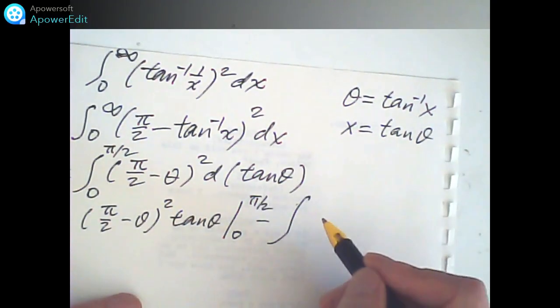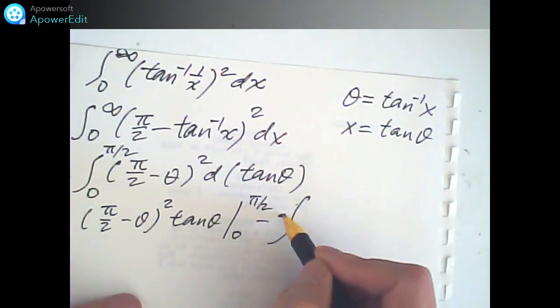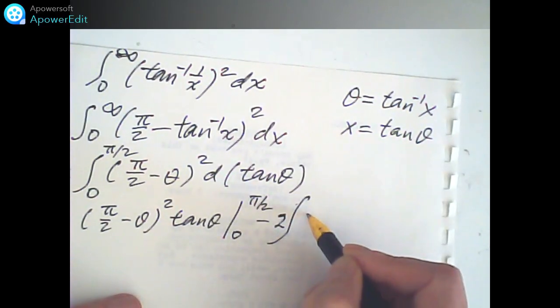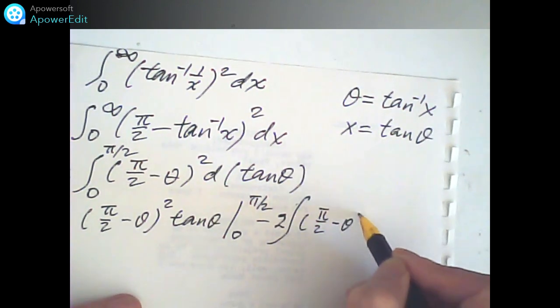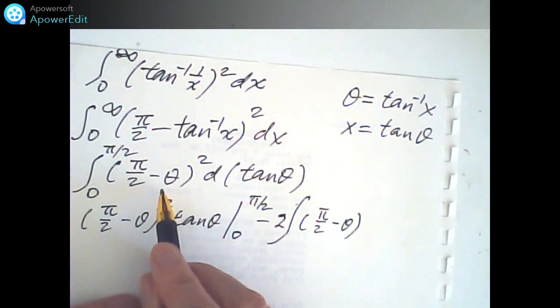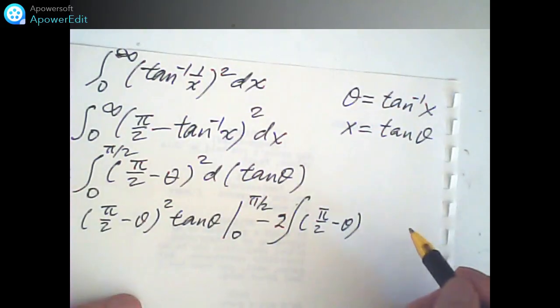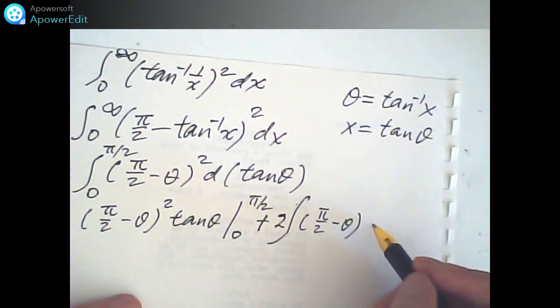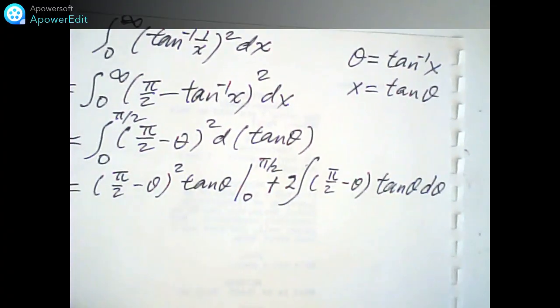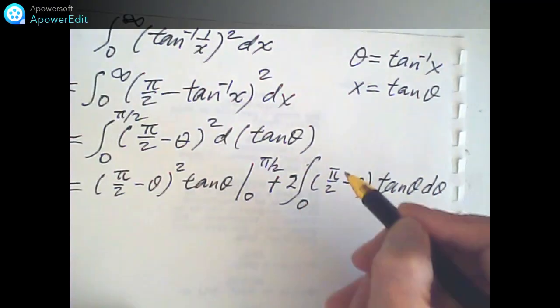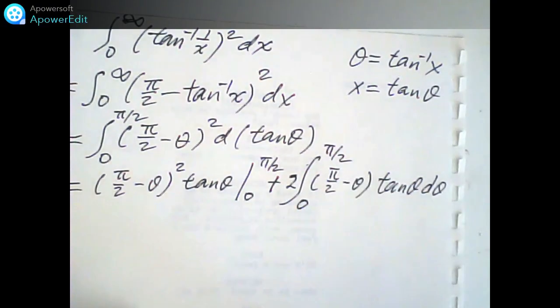Du is equal to 2 times half pi minus theta times negative 1, and I changed this one to positive. So this is tangent theta d theta, from 0 to half pi.